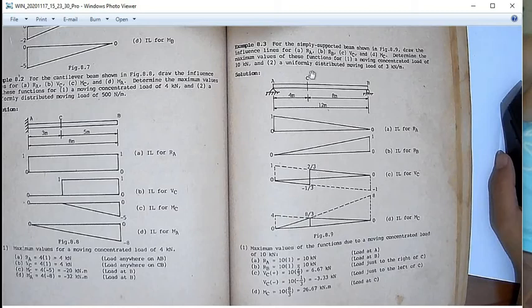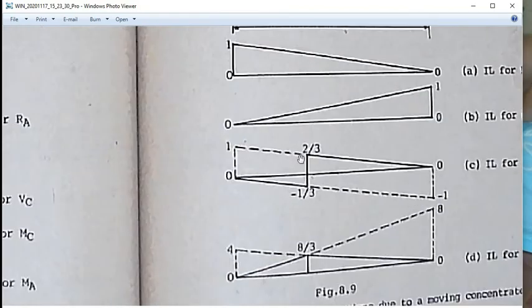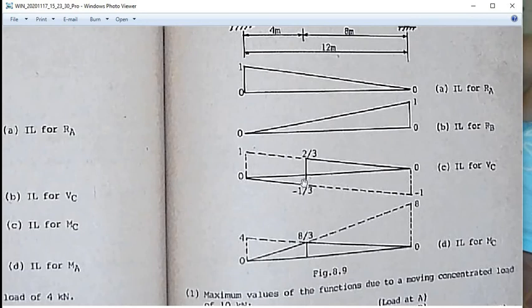Sa ibabaw ng C mismo. Kaya, if you will notice na pag i-add mo yung 2/3 tsaka yung 1/3, that would give you a length of 1. Okay? So, that's the idea.